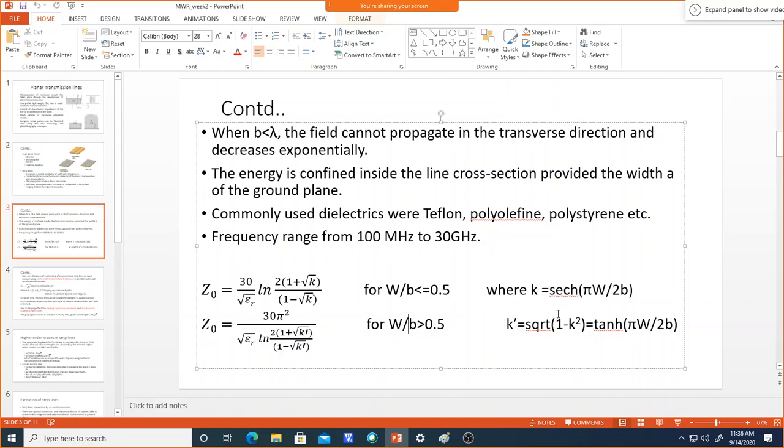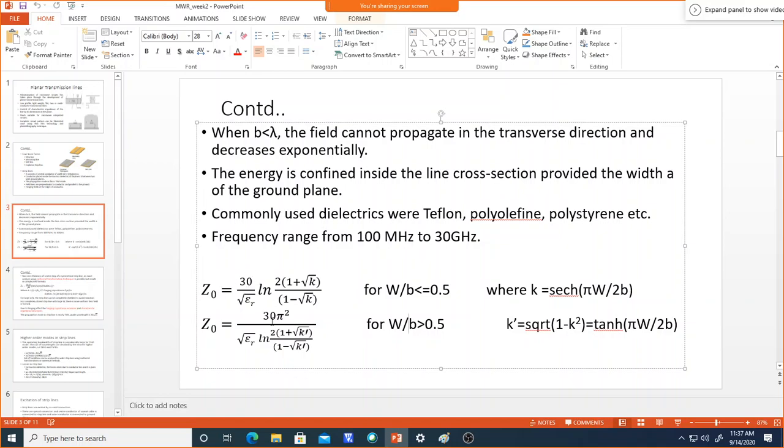Here k dash again we need to define in terms of w by b, which is the square root of 1 minus k square, whatever k you calculated, or you can use tanh of pi w by 2b. So both can be used to calculate the intermediate variable k dash. This is the impedance of the strip line.